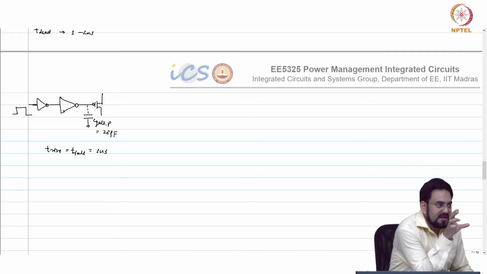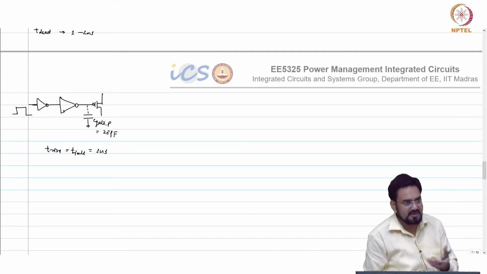If we are measuring at 10 to 90%, so 80%, how many time constants will it require to reach 80%? 5 time constants is 95%, pretty close to 100. So this will require roughly 2 to 3 RC.